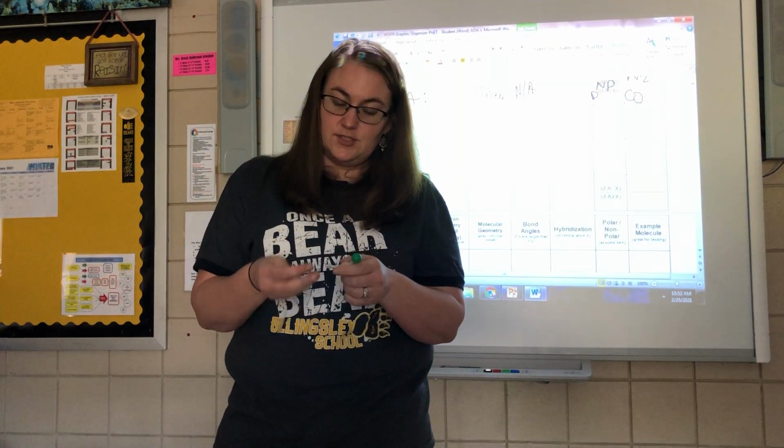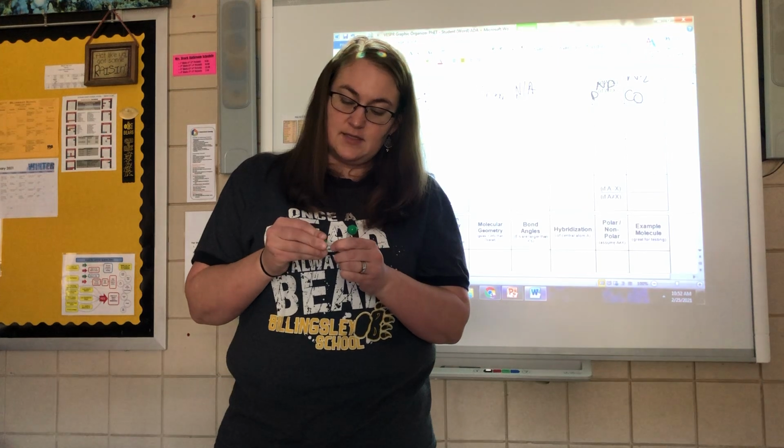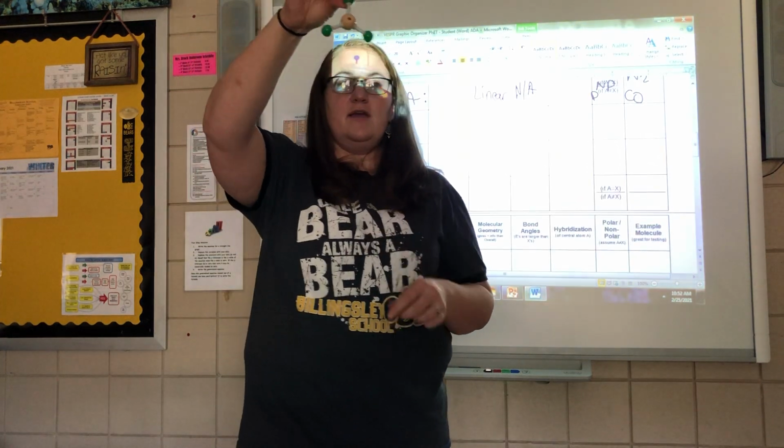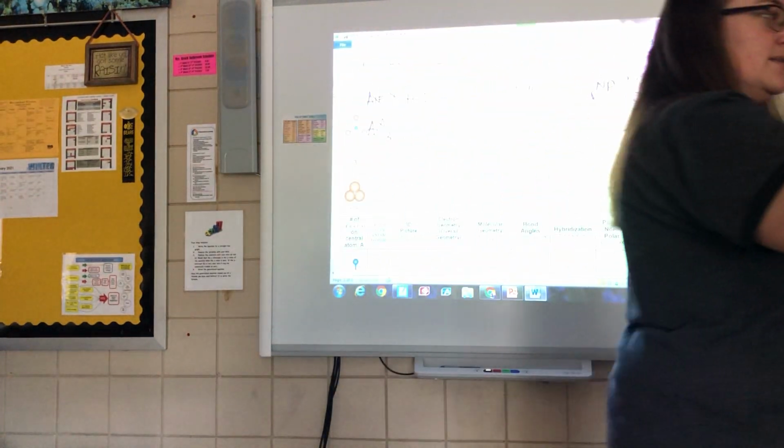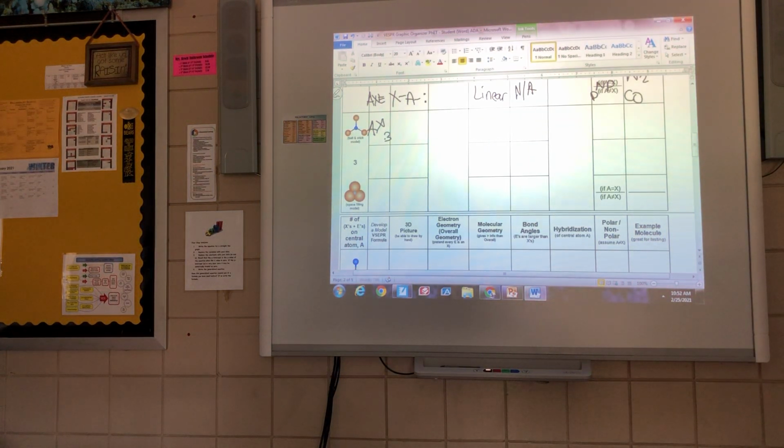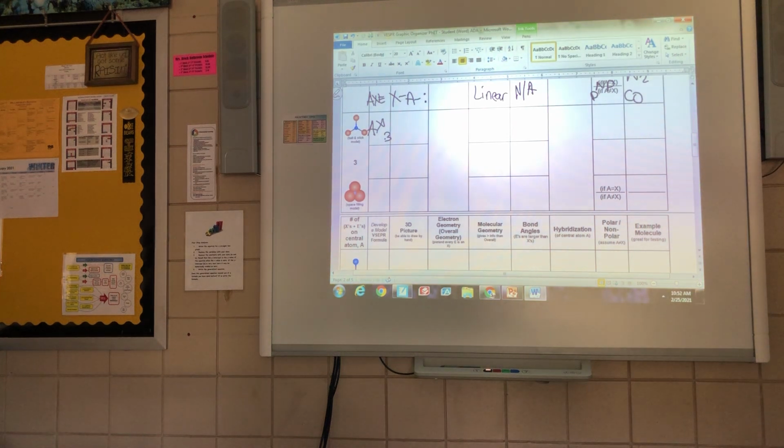So the A is going to be represented by the beige, and the X is going to be represented by the green. So we have our little peace sign looking molecule. That's not linear, you're right. This is not linear.